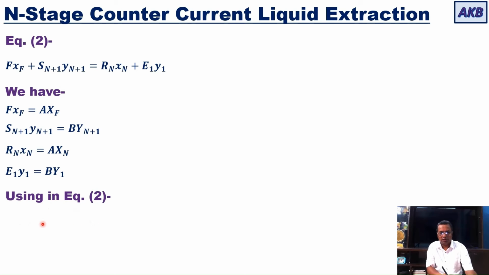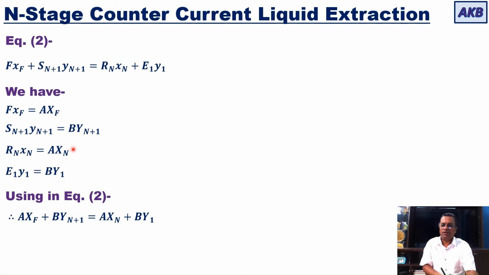So if we use it in equation 2, we will be getting A into capital XF plus B into capital Yn plus 1, that is equal to A into capital Xn plus B into capital Y1.